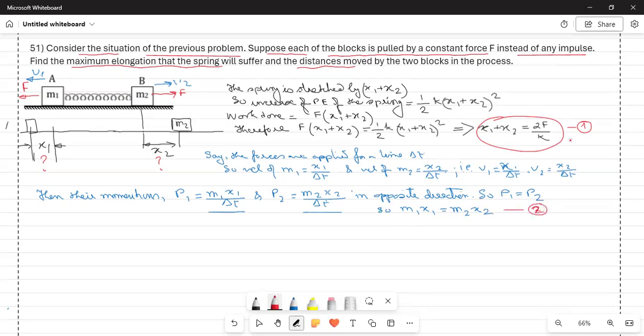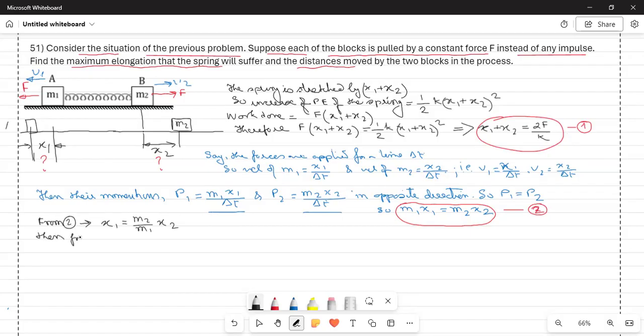Then we have to just solve between relations 1 and 2. From equation 2, what we find is x1 is equal to m2 upon m1 x2.